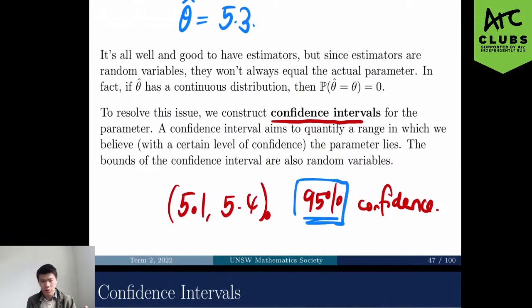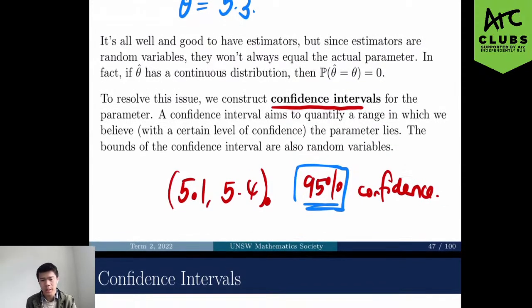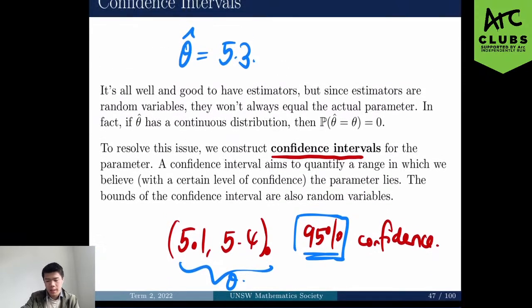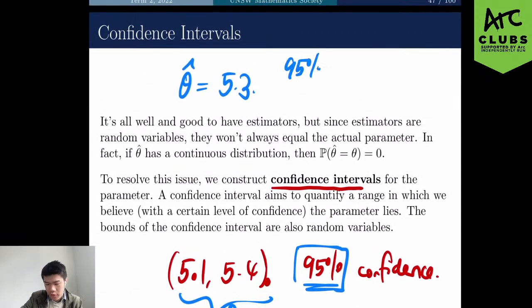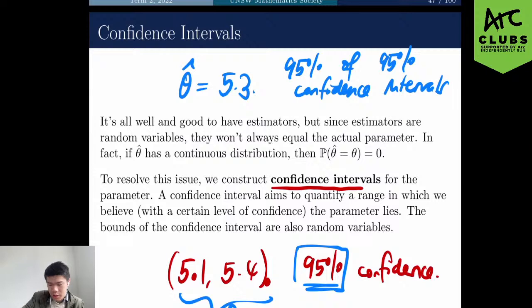Is it just something I pulled out of nowhere? Well, generally when we say we're 95% confident, it means there's a 95% chance that we actually got the right confidence interval, which means that theta is actually inside. So one thing that people always say is that 95% of 95% confidence intervals capture the true parameter.